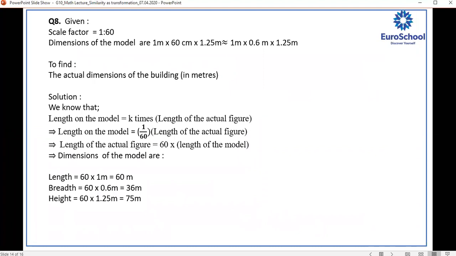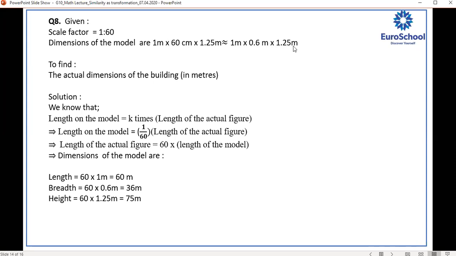The dimensions of a model of a multi-story building are 1 meter into 60 centimeter into 1.25 meters. Now, because we need to calculate everything, all the dimensions should be in the same unit. So I've just converted it into 1 meter into 0.6 meter, since 60 centimeter can be written as 0.6 meter, into 1.25 meter.